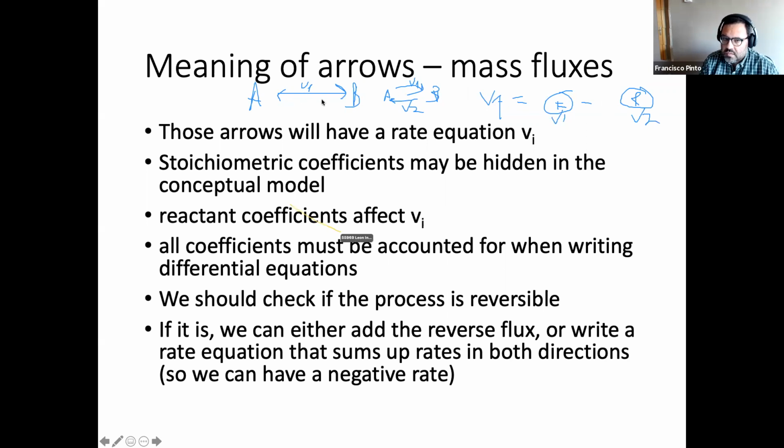Sometimes this may be helpful because you may already have, for example, a biochemical kinetics expression that includes in the same expression both rates. That happens with some types of Michaelis-Menten equations for reversible reactions. So in that situation, it may be helpful to represent the 2 fluxes just in one equation, in one expression. Okay.